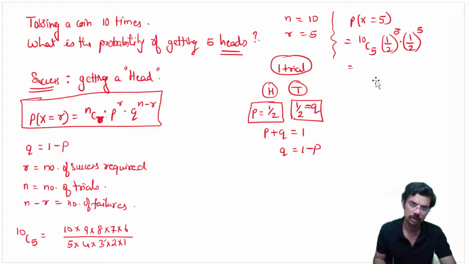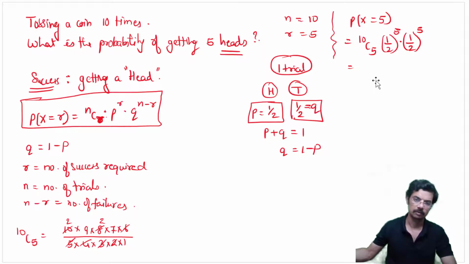So 3 into 2 is 6, 4 into 2 is 8, then 5 2s are 10. It is 9 7s are 63 into 4. What is 63 into 4? Let me calculate.